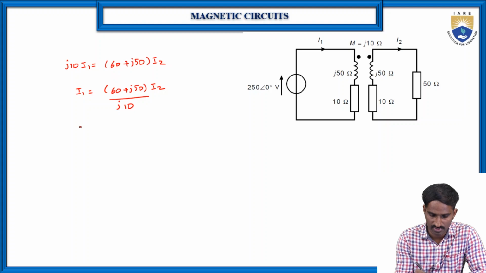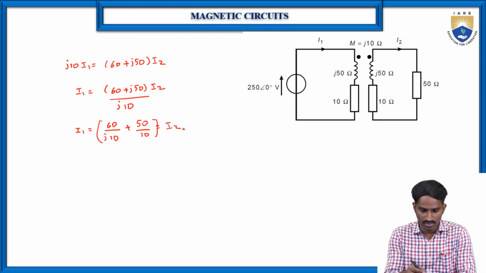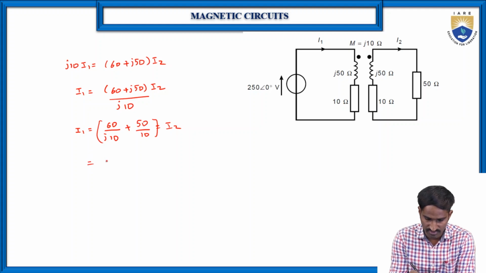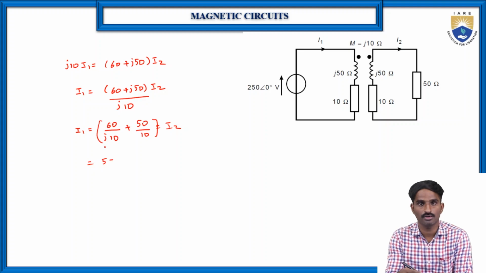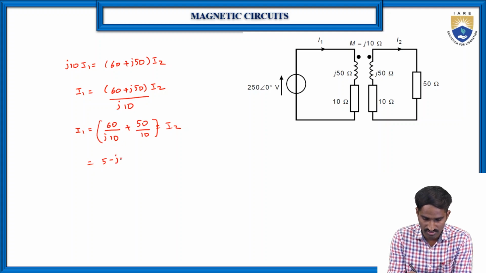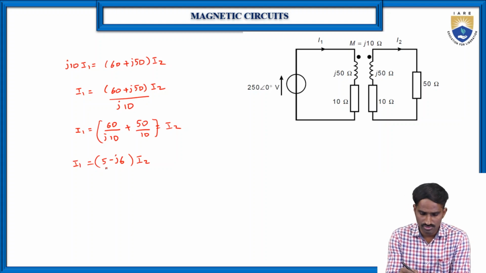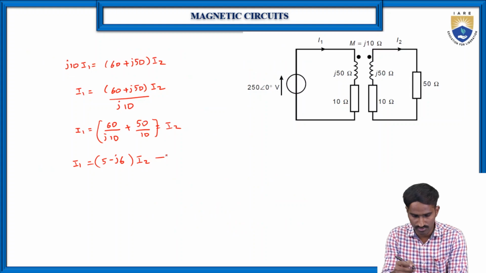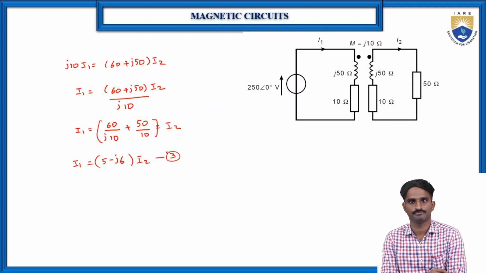Simplifying further, I1 is equal to 60 by J10 plus, of course the J gets cancelled, 50 by 10, into I2. Furthermore, you will get 5 minus, multiplying and dividing with J, J6, into I2, which is equal to I1, right?